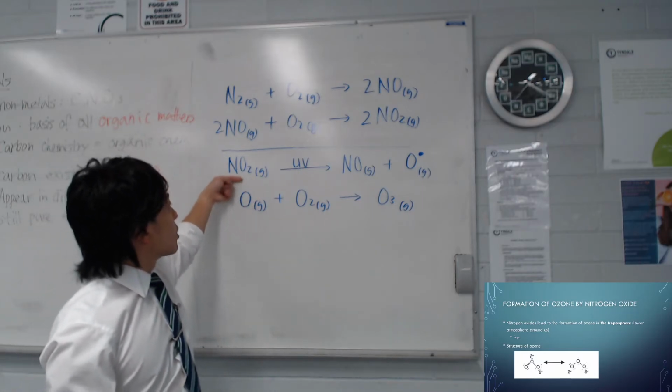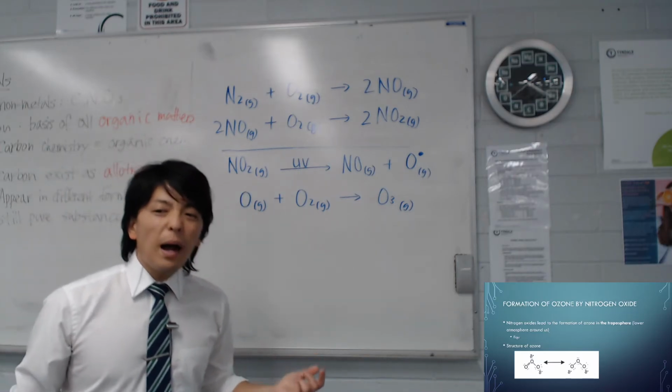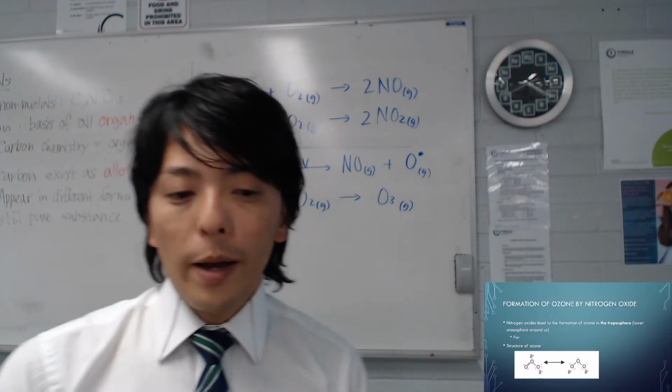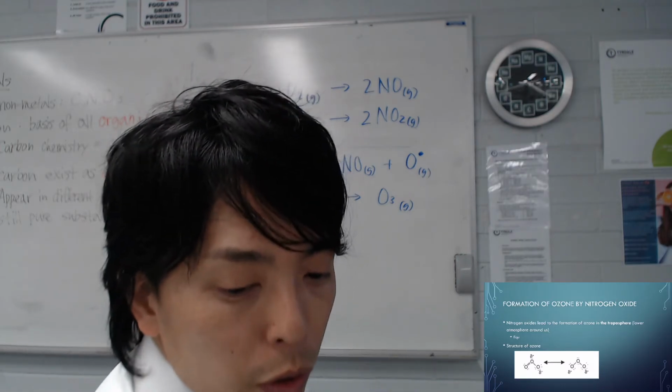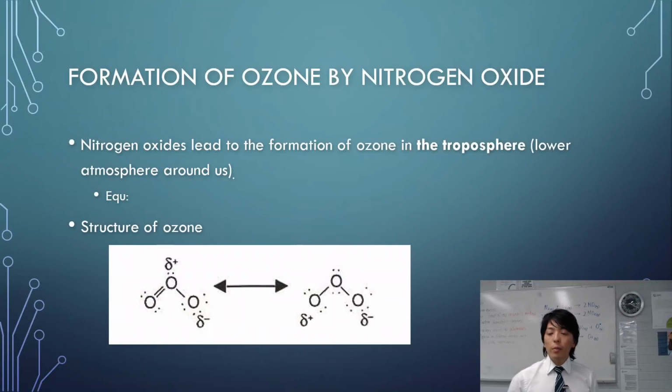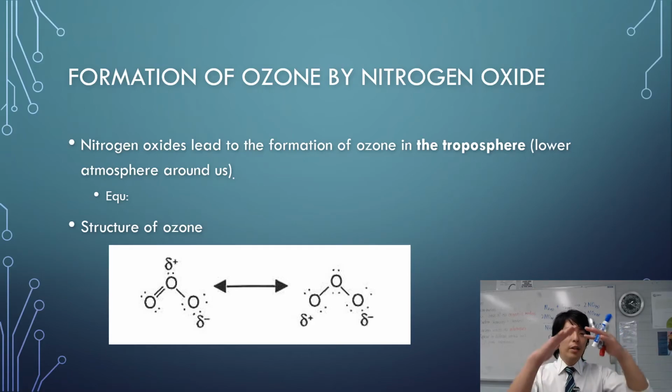And you can see that the NO2 is a big part of ozone formation. You can also see there is a diagram showing the structure of ozone. It's not a triangle, it just forms that bent shape because a triangle is a bit too hard an angle for oxygens to achieve.